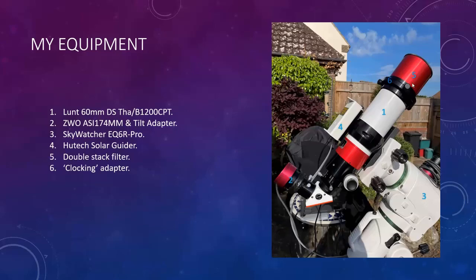Another new addition last year was number 5. Right at the very front of the scope is a double stack filter. Now your typical Lunt pressure tuned Lunt will produce a full width half maximum of about 0.77 angstroms, which, in terms of contrast, is okay.